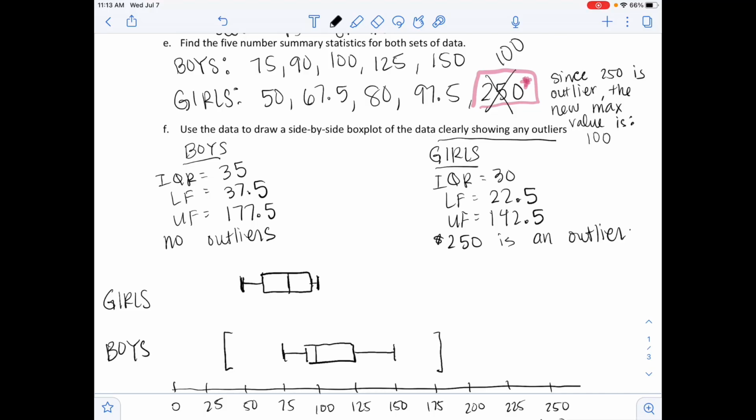Make sure that for 250 for girls, that value is an outlier, and I'll put a star out there for 250. I also need to put my lower fence on, which is at 22.5, and also my upper fence, which is at 142.5.